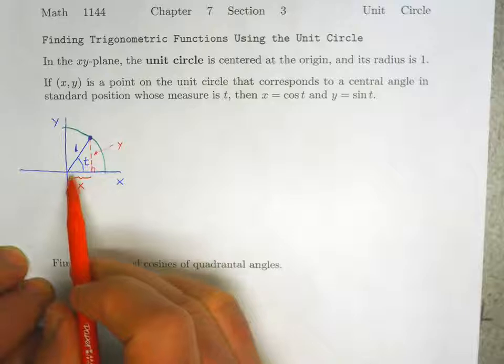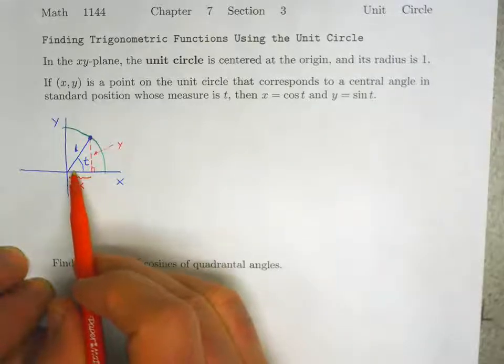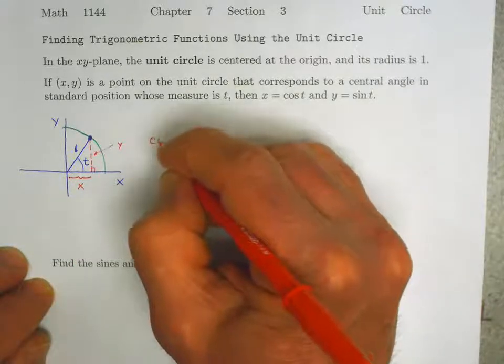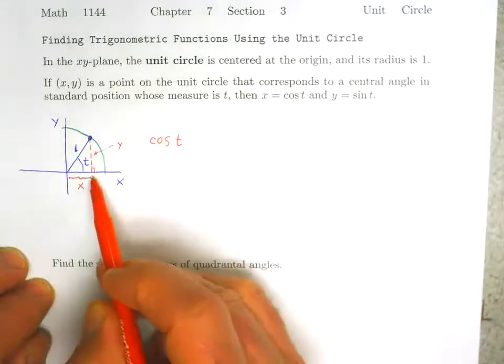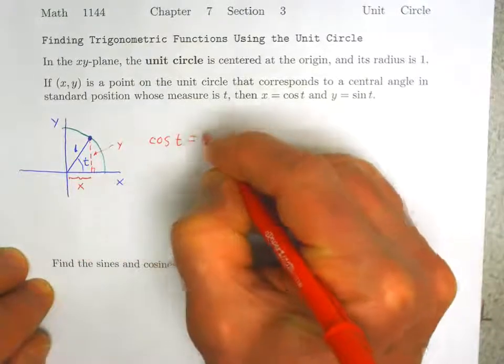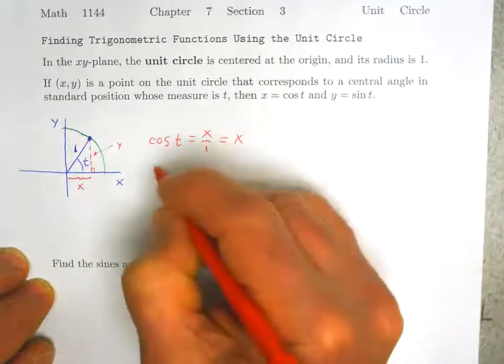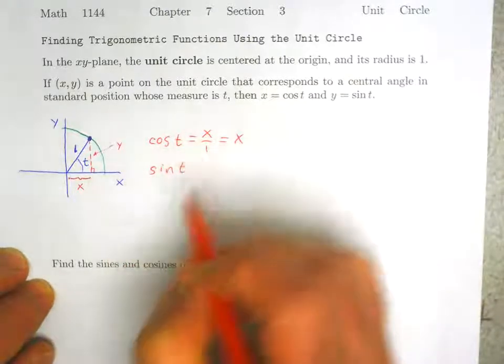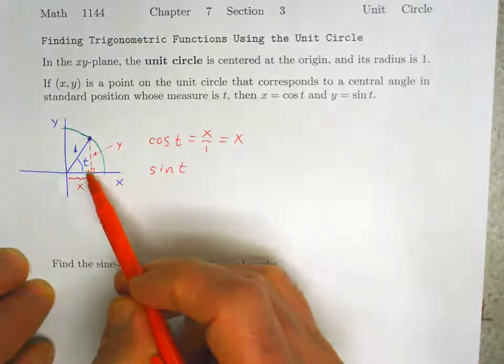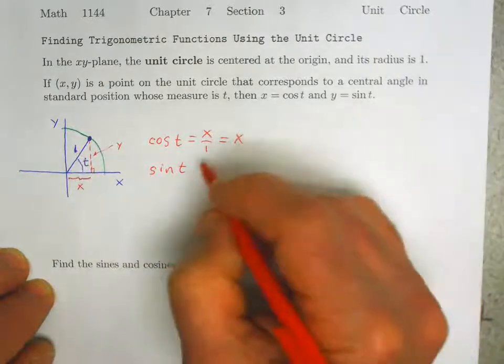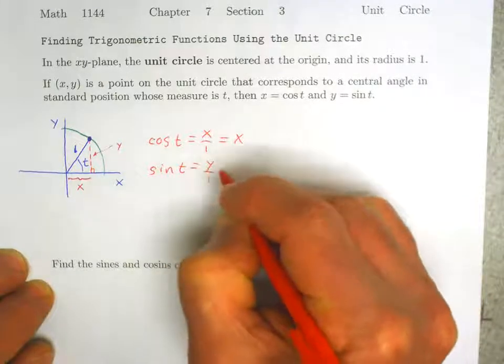And then if we take cosine of t, that's adjacent over hypotenuse, x over 1, or x, and sine of t is the opposite side over the hypotenuse, y over 1, or y.